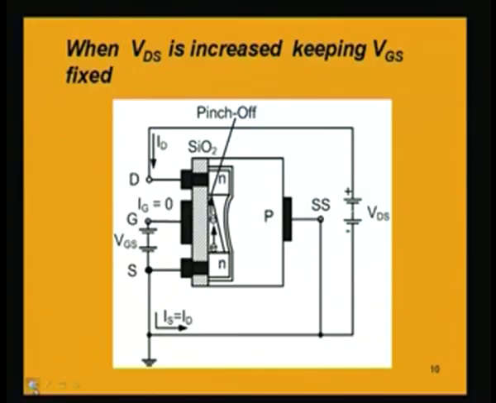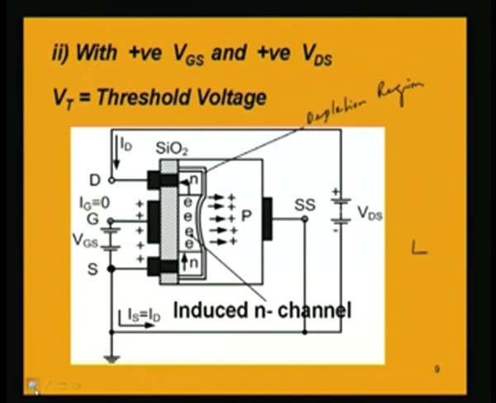Now, before that, one important point is that the name of this device is field effect transistor, FET. Where that name originates from also has to be understood from this operation, because we see that when the positive voltage VGS is applied, there will be accumulation of positive charges on this side as shown here.